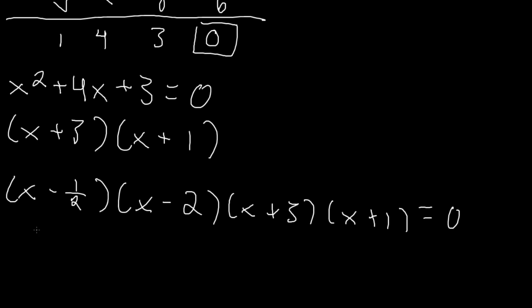And we can see that the zeros of the function for this graph, if we solve for each individual product, are x equals 1/2, x equals 2, x equals negative 3, and x equals negative 1.